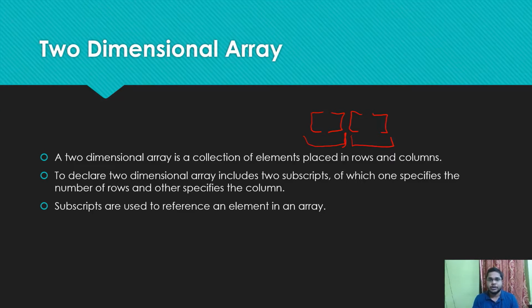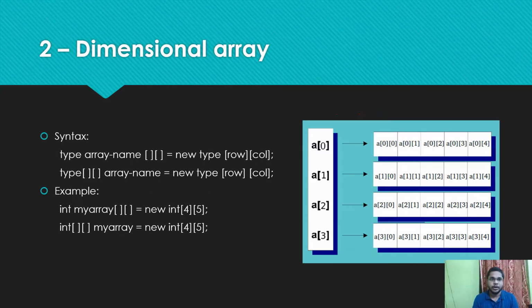Now, what is the syntax of a 2D array? First you define the type, then the array name, then the square brackets opened and closed two times, equals new, then the type again, then the number of rows and number of columns.